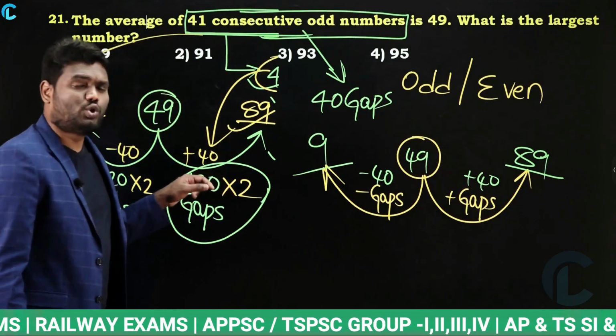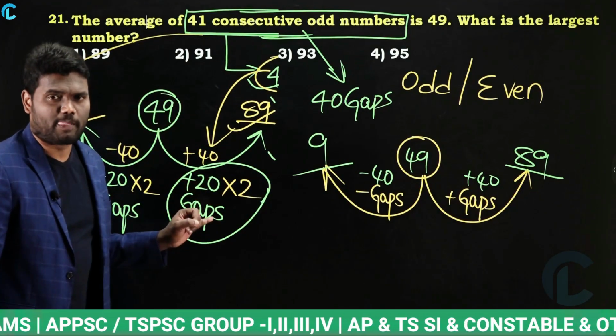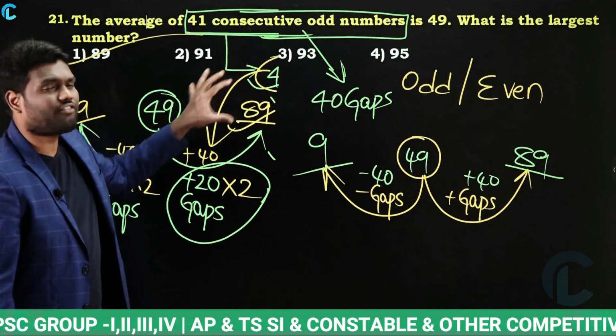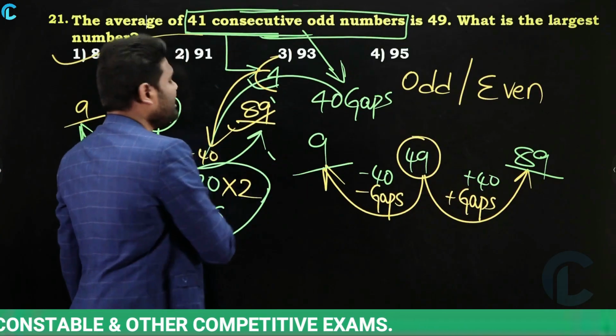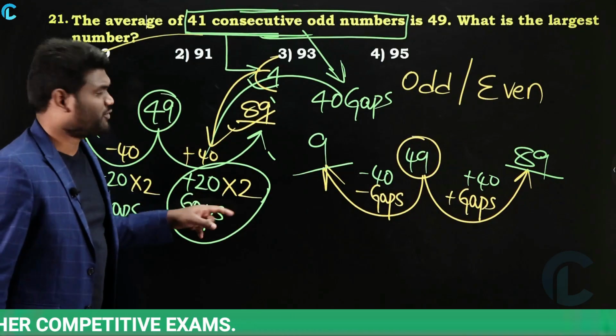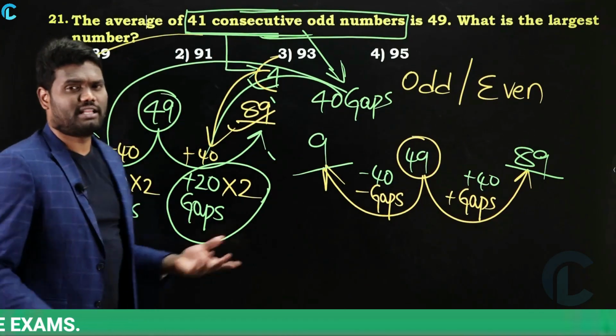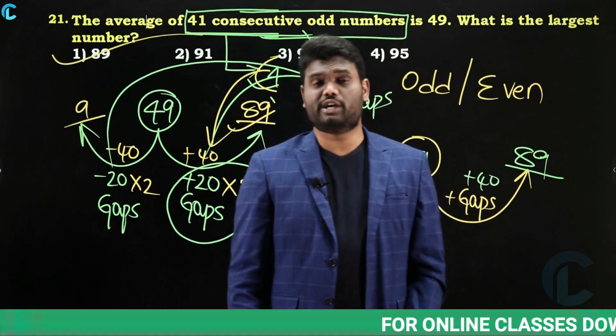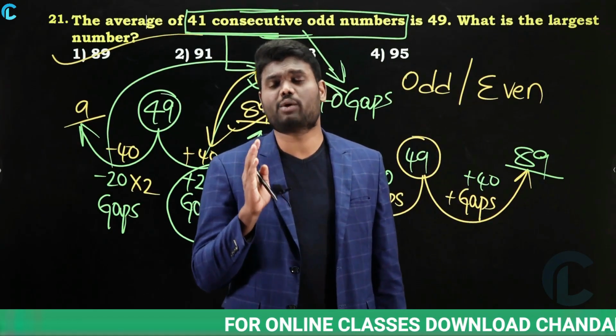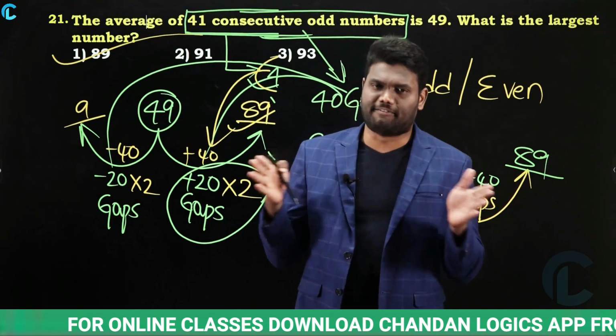So even this multiplication by 2 is not required. You can directly take the number of gaps. As the gaps are 40, you directly take 40. If you need the highest number, plus 40. If you need the lowest number, then minus 40. That's it. Nothing is required other than this. Whenever the question is about consecutive numbers, you need to do half.